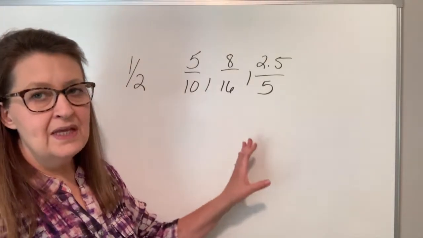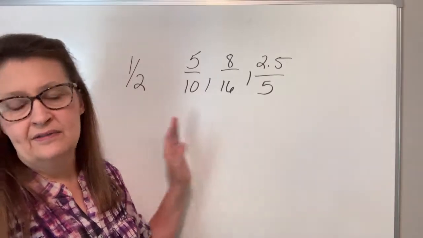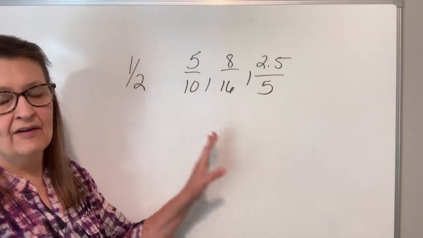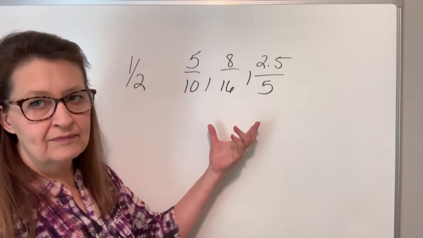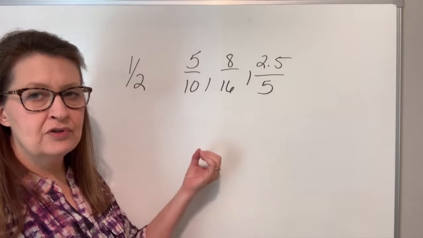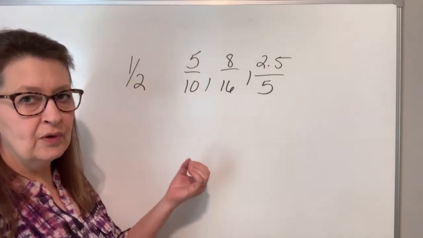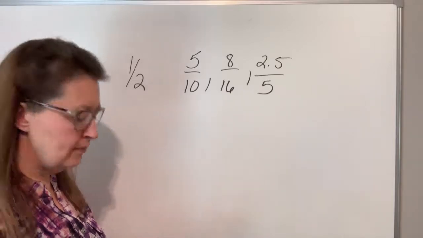All of these mean the same as 1/2. There's an infinite number of ways that I could rewrite 1/2 as a fraction, and that leads to confusion. We don't want math to be confusing. So always reduce your fractions to lowest terms. Make sure there's not any number that will go into the top and the bottom.